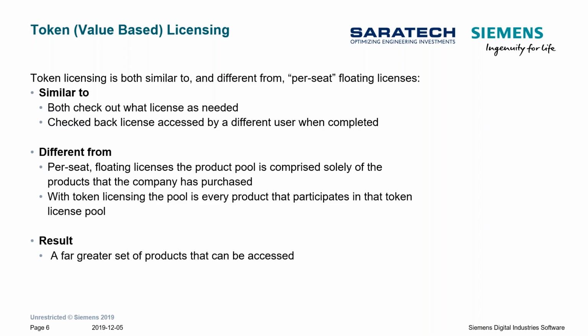You've got access to all of those products, and you can actually start using them and getting more value, and getting value from the investments we make in those products, and making it more accessible for you. So what you end up with is a far greater set of products that can be accessed.